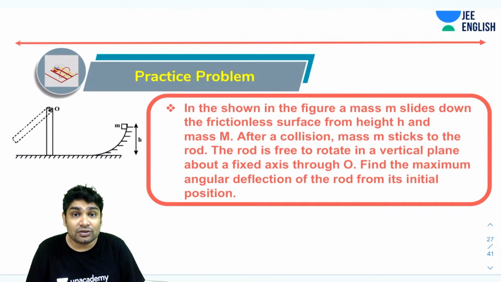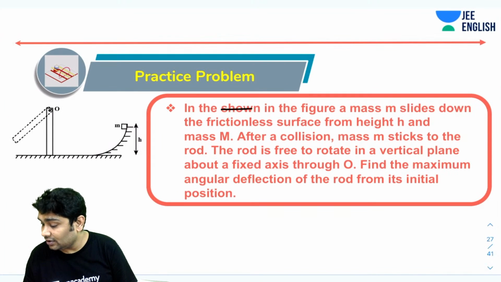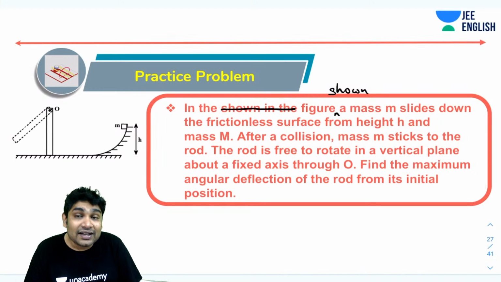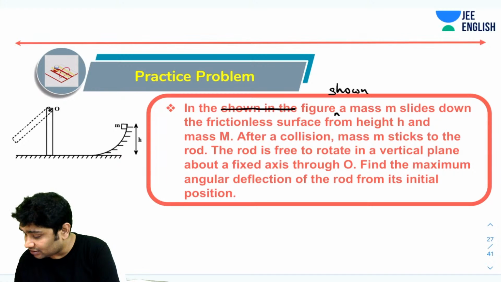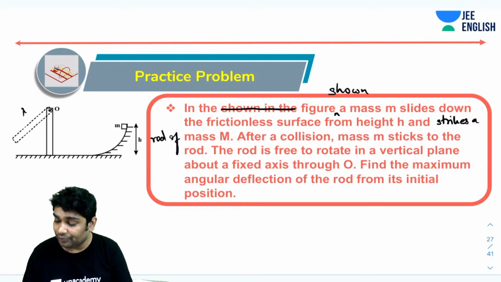In this problem, you've been told that in the figure shown, a mass m slides down a frictionless surface from a height h, and strikes a rod of mass capital M. इसका mass capital M.